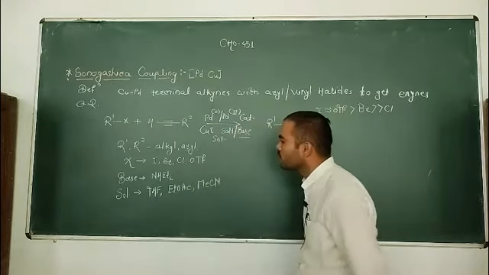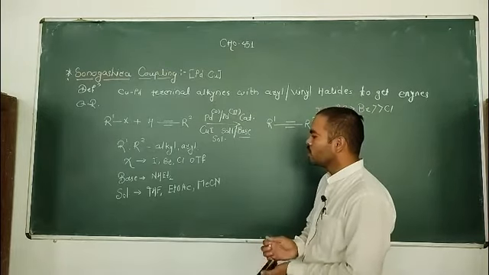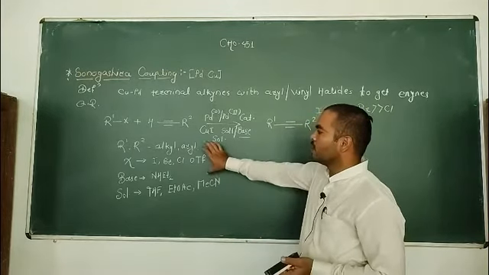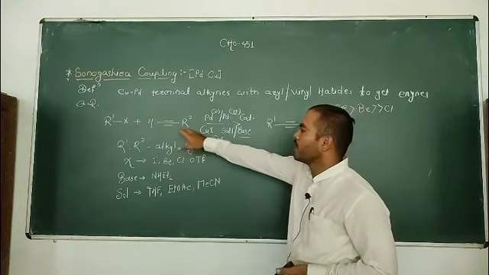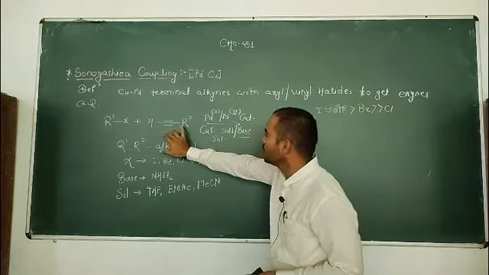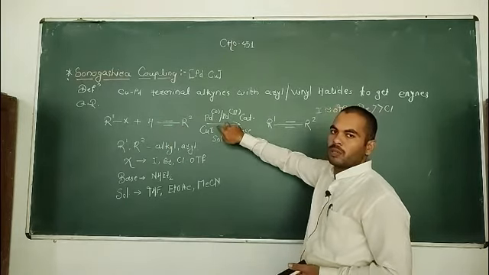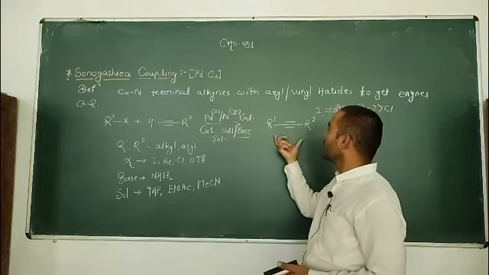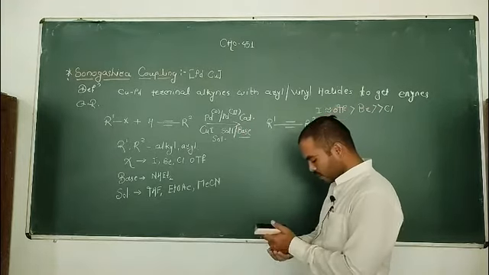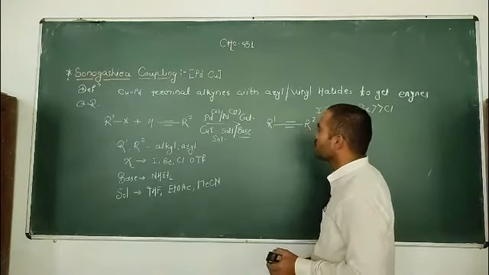There is no need to remember this, but you have to remember the general reaction: an alkyl halide coupled with an alkyne using a palladium 0 or palladium 2 catalyst gives a coupled product, that is, an enyne.